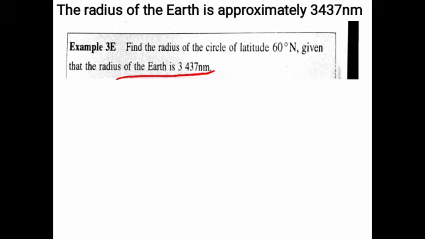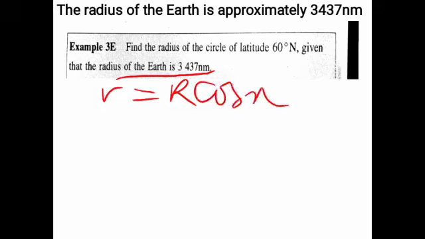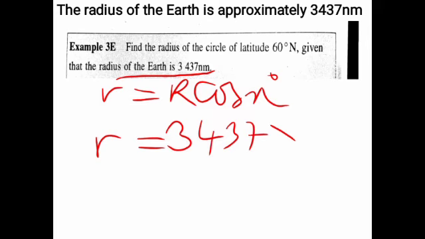So radius is equal to radius of Earth times cos x degrees. So radius is equal to the radius of the Earth, 3,437, times cos. The latitude is 60 degrees, so the degree is 60 degrees.